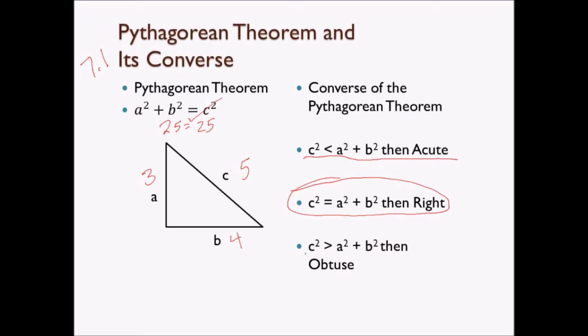If c squared is greater than a squared plus b squared, then you have an obtuse triangle. So less than is acute. Greater than is going to be obtuse. If they're equal, then you have a right triangle.